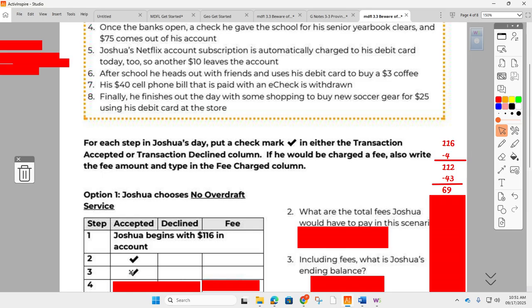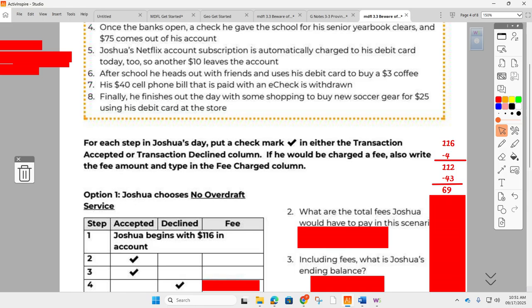Step 4 is his yearbook. He bought a yearbook, and they just presented that $75 charge to his account. Does he have enough money to pay that charge? Is his bank going to pay it? No. With no service, they don't pay any of them if it would put your account less than $0, right?